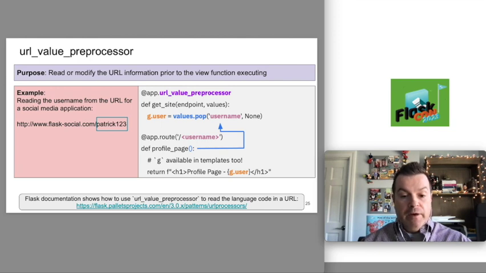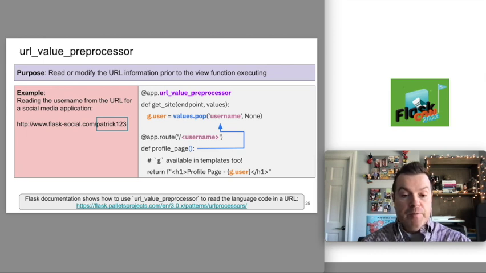So the route has a variable called username. And if you create a function that's decorated with the URL value preprocessor, you can actually pop that username from the list of values and store that using G, so kind of global data.